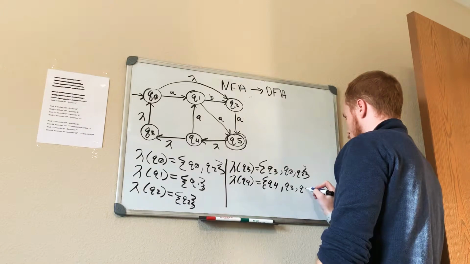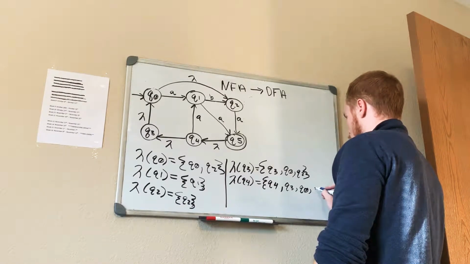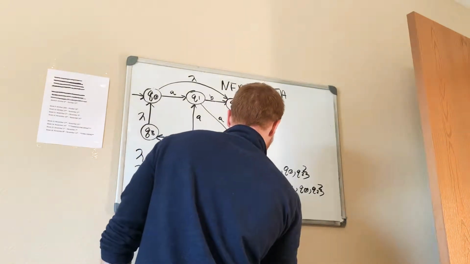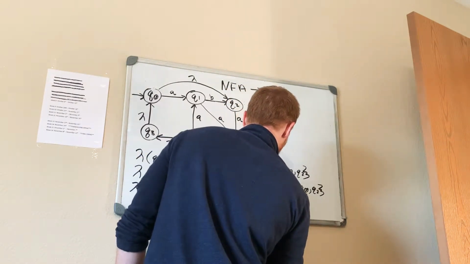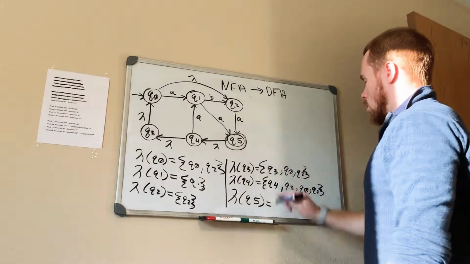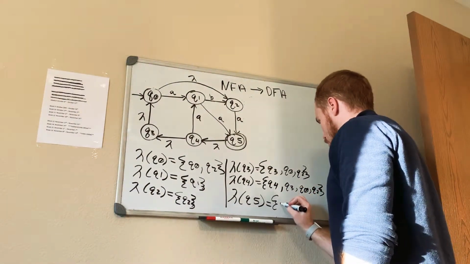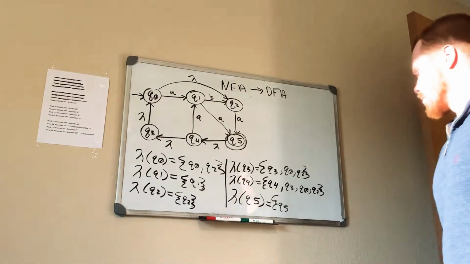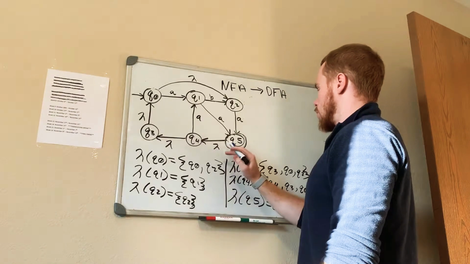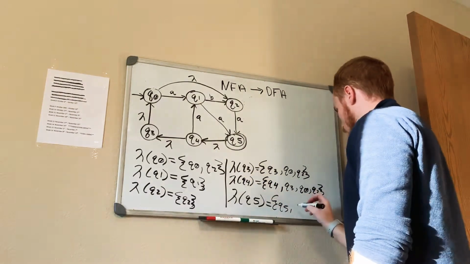So Q0 and Q2. All right, and then last but not least, lambda closure of Q5. Always go back to yourself. And we can see from Q5, we can go to Q4.